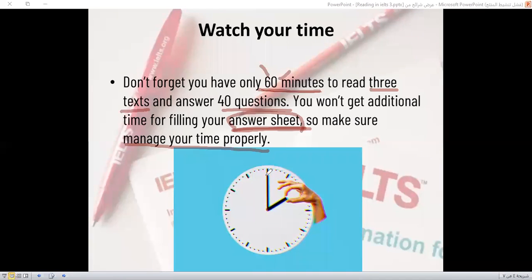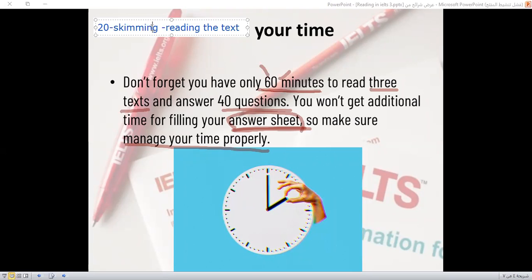Yalla Lama, how are you going to divide it? I feel like 20 minutes is good for scanning or reading the text, and then the other 40 minutes we can look at the questions and try to answer and search in the text if we didn't get the answer.